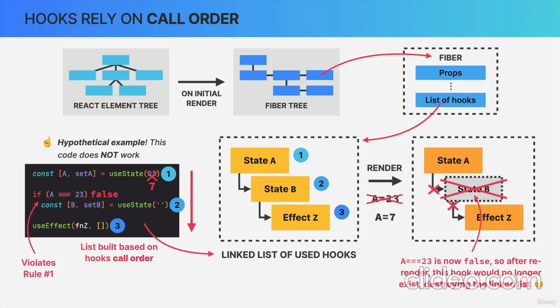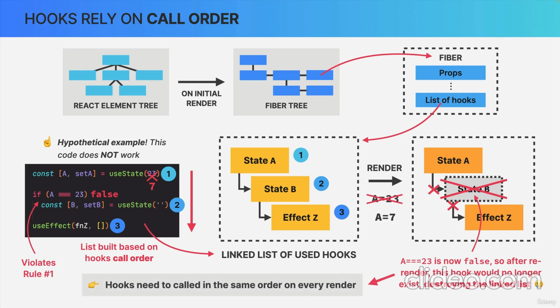And so this is the reason why hooks need to be called in the same order on every single render. And the only way in which we can assure that is by only calling hooks at the top level, which is exactly what the first rule of hooks says.